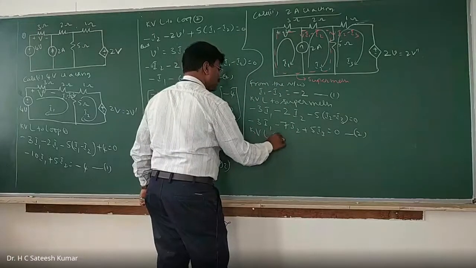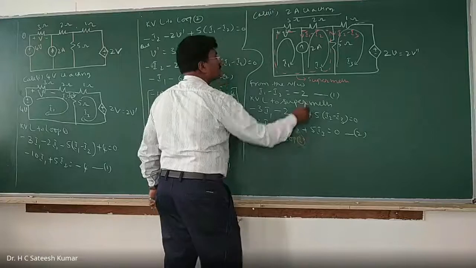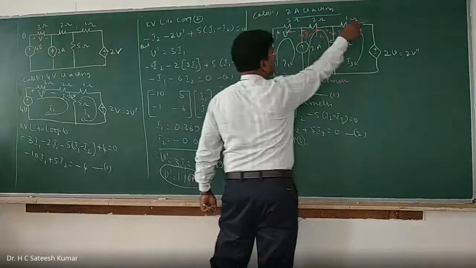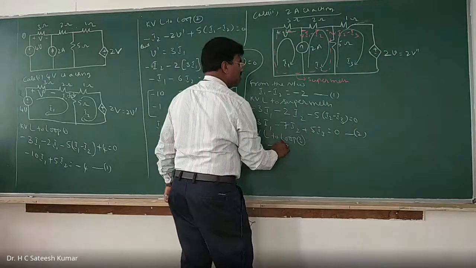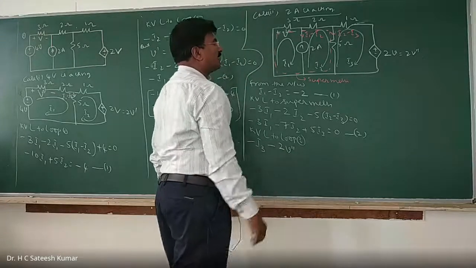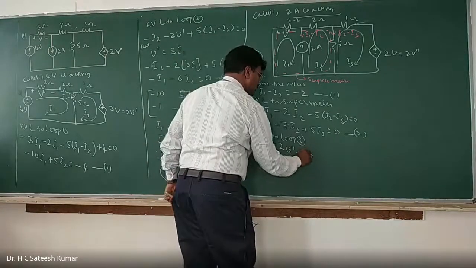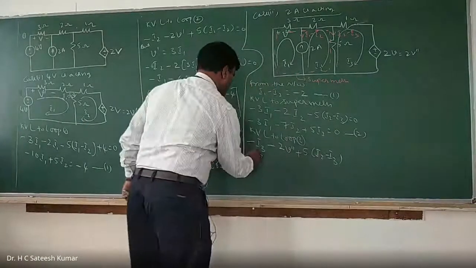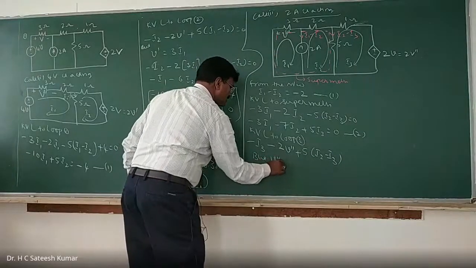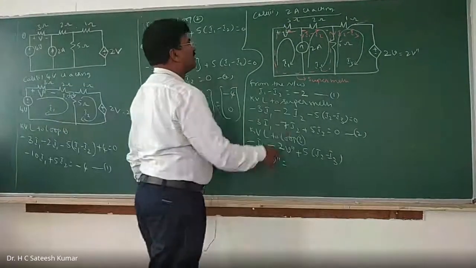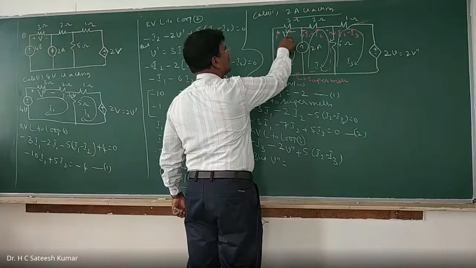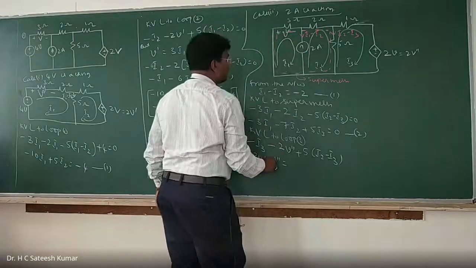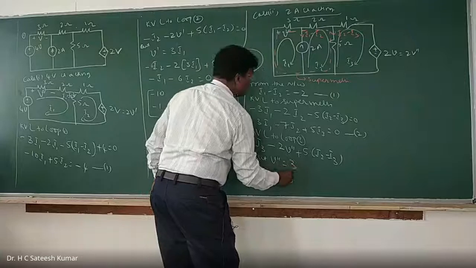KVL to loop 3: minus I3, minus 1 I3, same direction. Now, plus to minus is minus 2V double dash, plus 5 into I2 minus I3. What is V double dash? V double dash is nothing but this one; current is flowing from higher potential to lower potential, therefore plus one you should take. So 3 into I1 you can write.